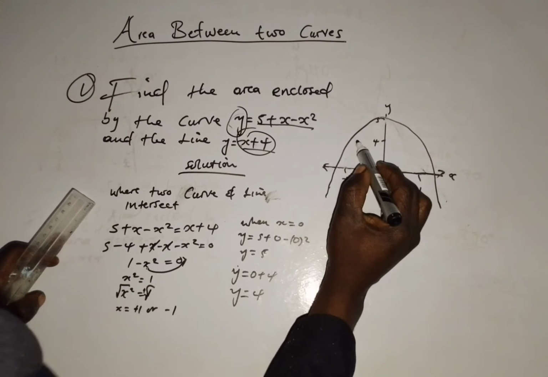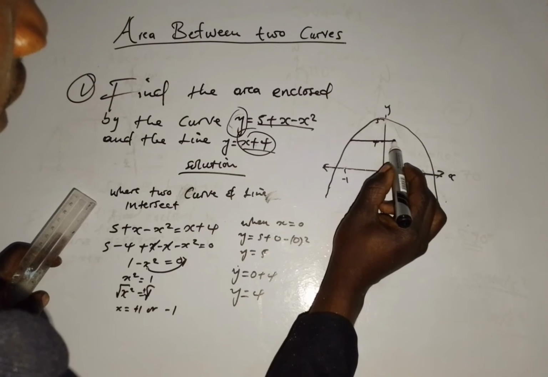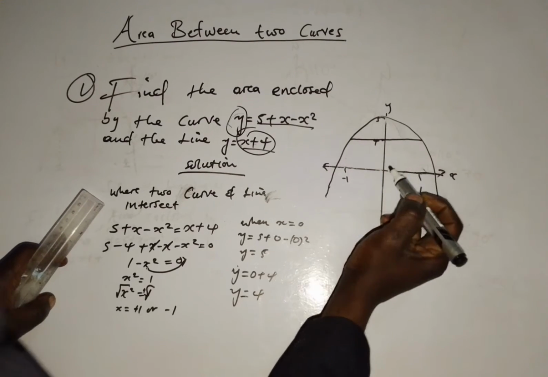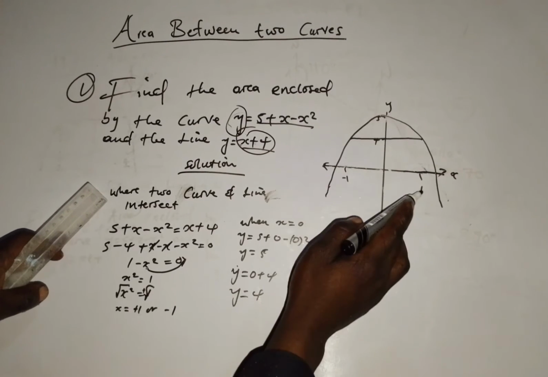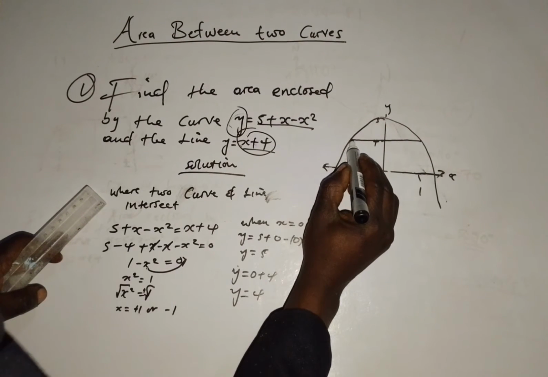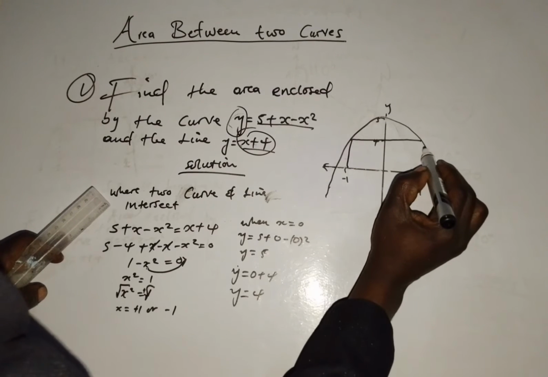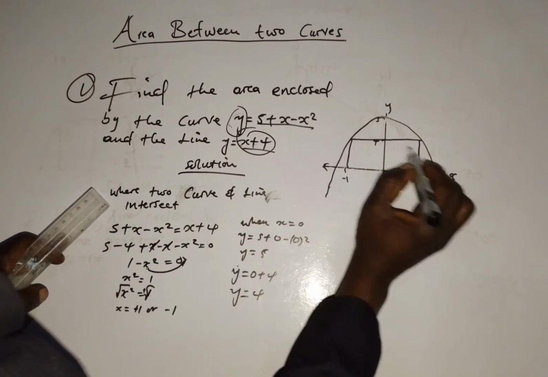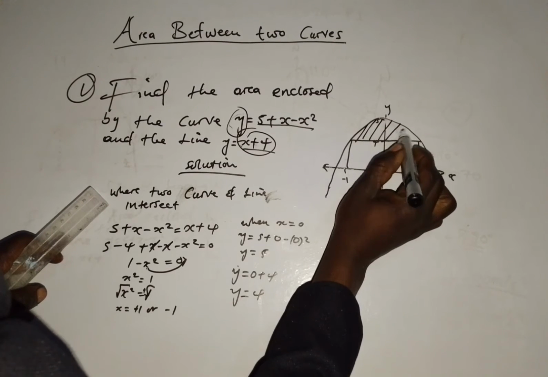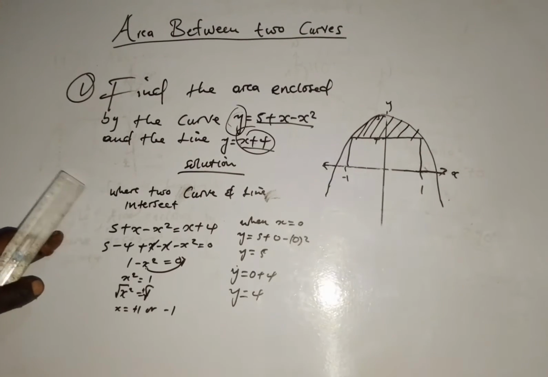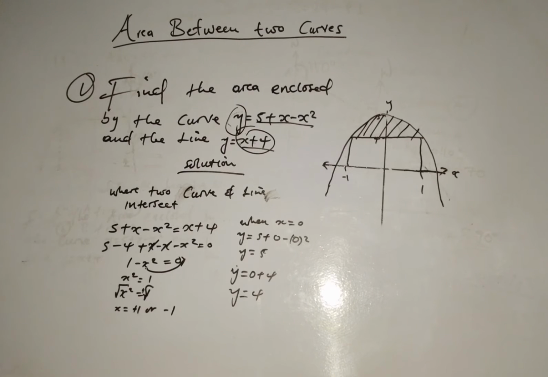So y equals 4 is here. And the intersections are minus 1 and 1 here. So this is how the curve will look.